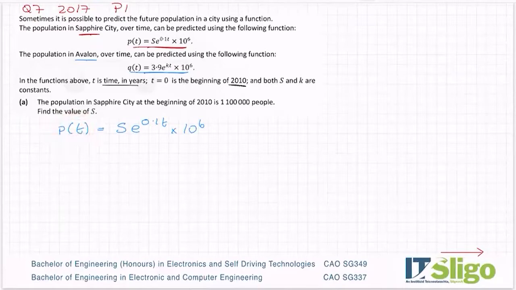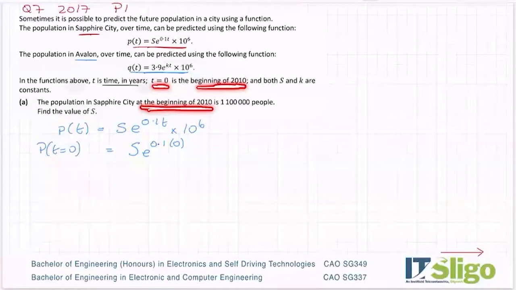So the population when t is equal to 0 is equal to s e to the 0.1, and I'm subbing in 0 for t. The reason I'm subbing in 0 for t is that time is 0 at the beginning of 2010.